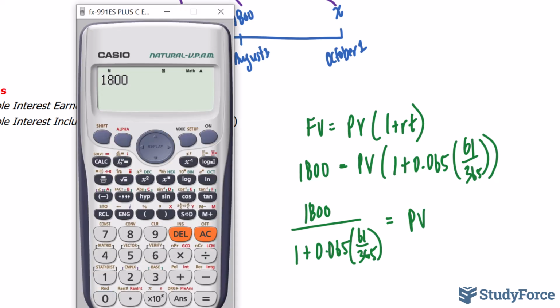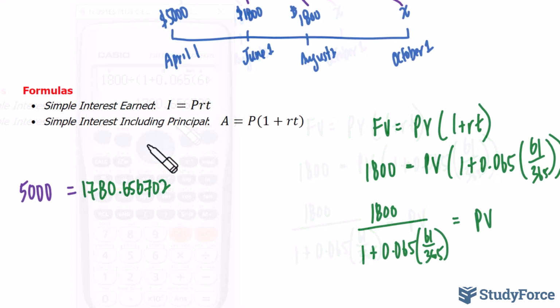So here's how it's done. 1,800 divided by 1 plus 0.065 multiplied by 61 over 365. And we end up with 1,780.656702. You want to write up to 6 decimal places if necessary. And so we'll write the entire number down. So that represents the present value of the June 1st payment.